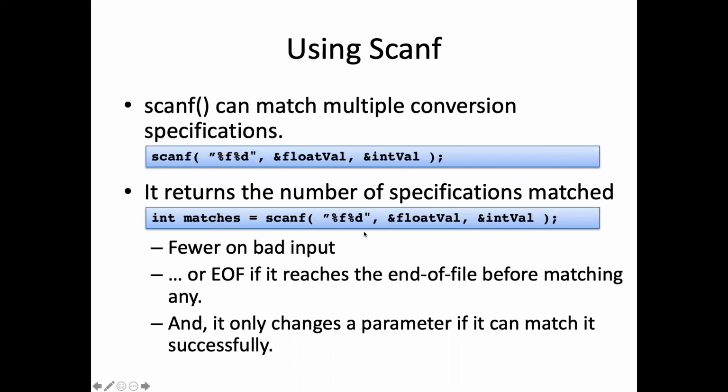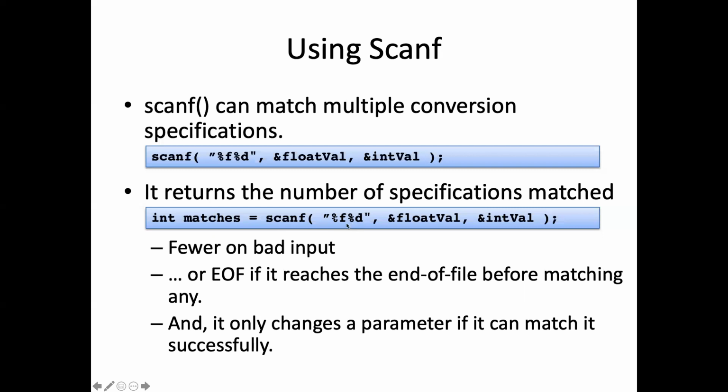So if you say, read me a float followed by an integer, and it can't read either of those. Let's say the user just starts typing garbage. Well, it'll return a 0. I couldn't read either of those things. If it's able to read the float, but not the decimal integer, it'll return a 1. If it's able to read both of them, it'll return a 2. So it's returning the number of conversion specifiers that it successfully parsed.